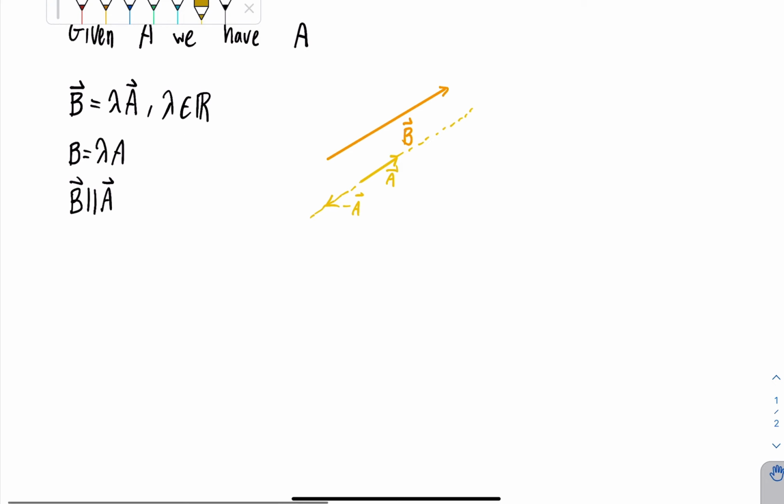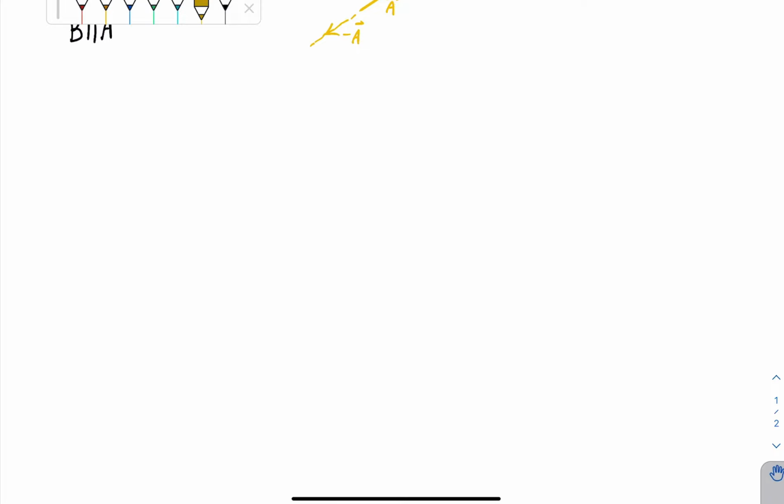So to add these vectors, say I have vector B and vector A. Well, to make vector C, all that we do is we line them up tip to tail, so we'll move B to the tip of A, and then from this we can get vector C. Let's move this B out of the way though.